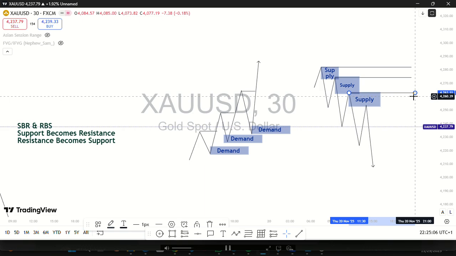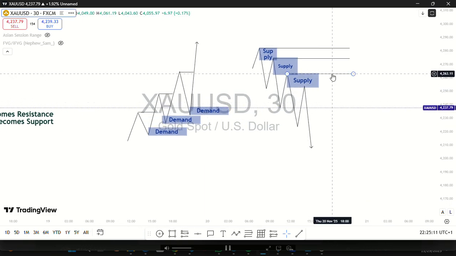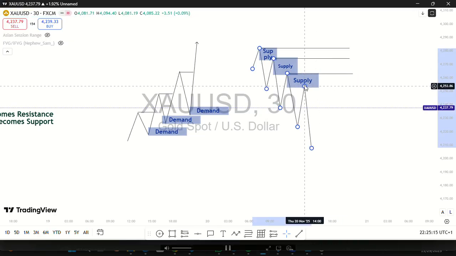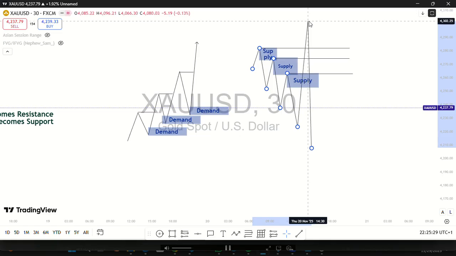So the tips of these moves are called resistance, because if price wants to push beyond this, it needs a lot of energy, a lot of liquidity, a lot of money in the market. People need money to push this upwards, to make the demand exceed the supply and make the market switch from its bearish state to bullish.